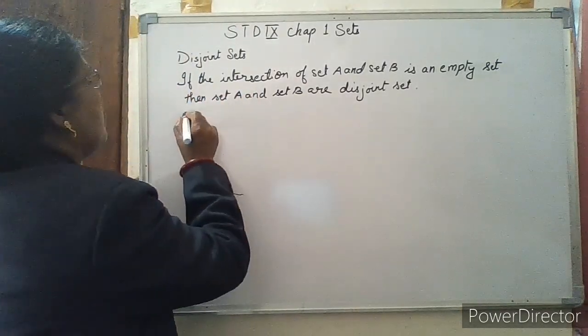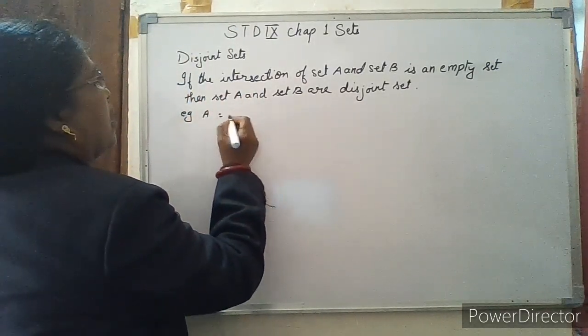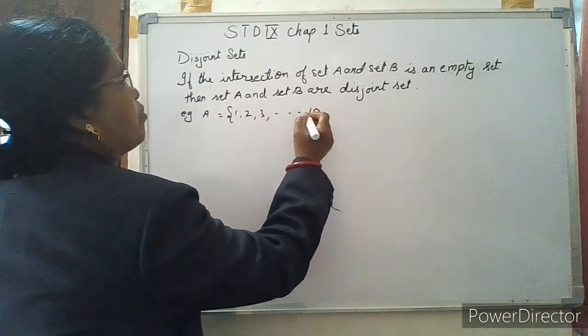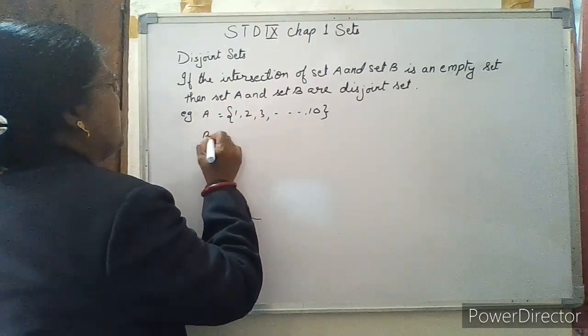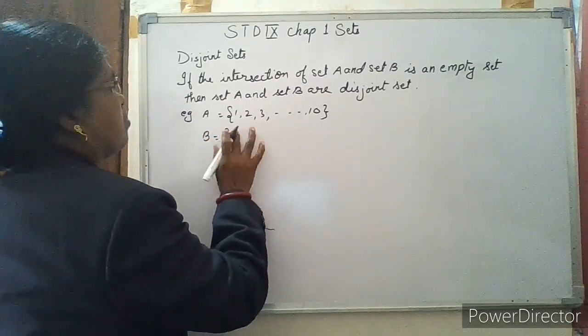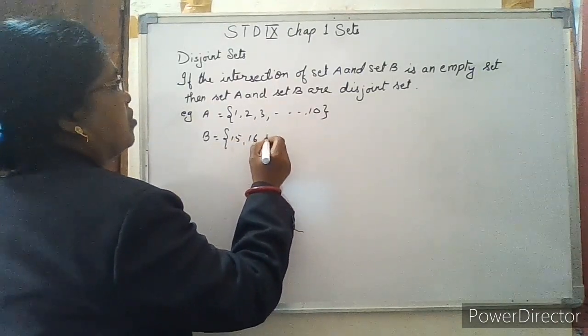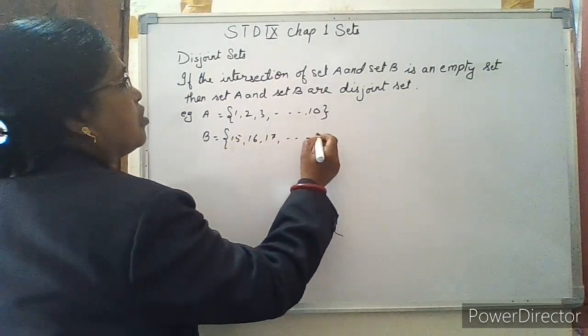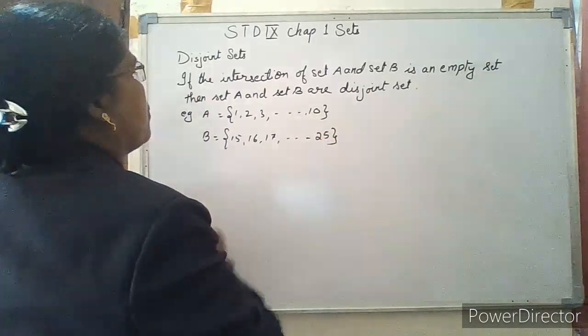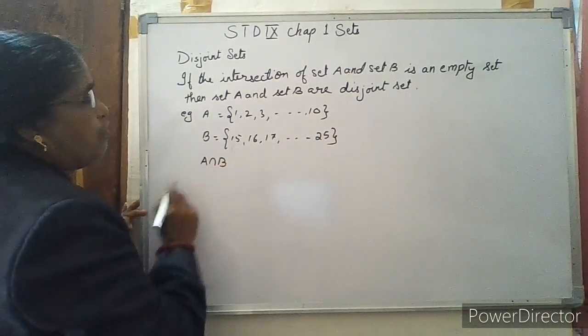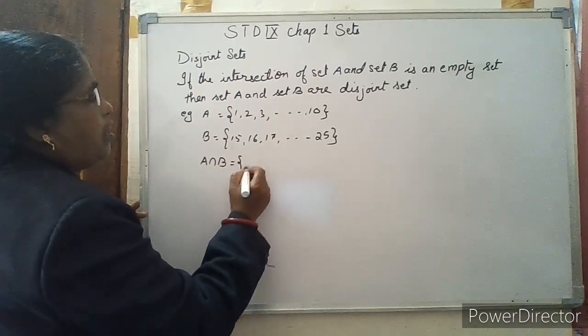For example, suppose set A is equal to 1, 2, 3 and so on up to 10. Set B is equal to 15, 16, 17 up to 25. The intersection of set A and B is an empty set.